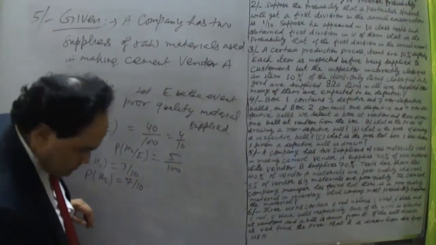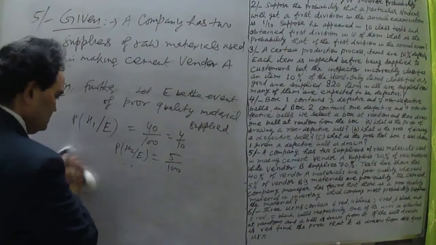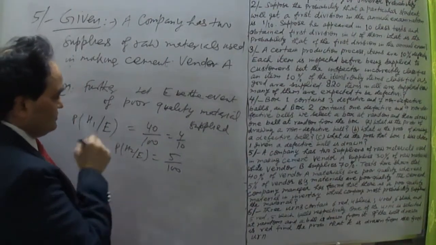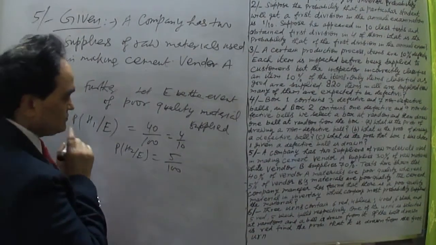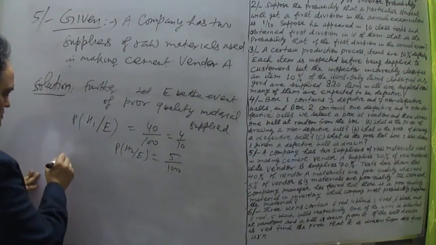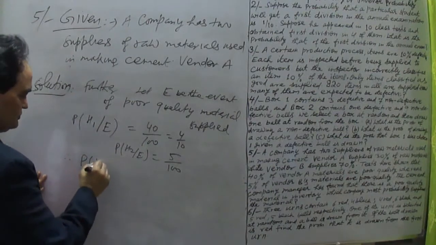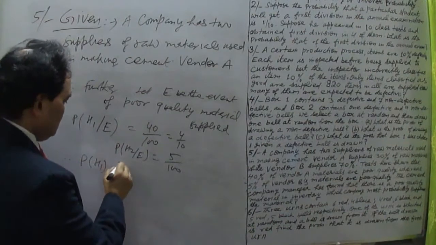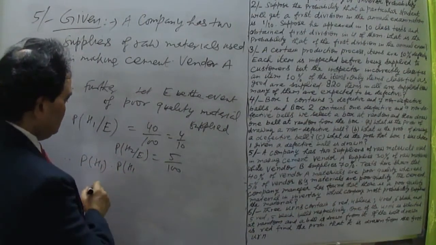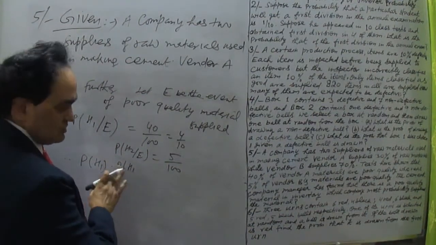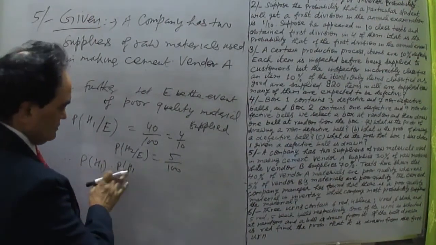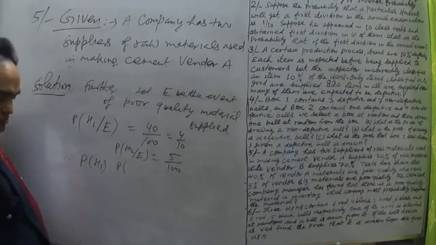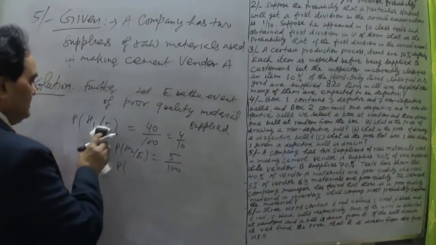Therefore, now we have to find out which vendor has supplied this material. The probability of H1, the first event of poor quality, into the probability of E by H1. This is the probability of bad events we are taking here.